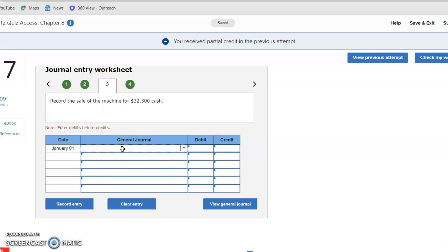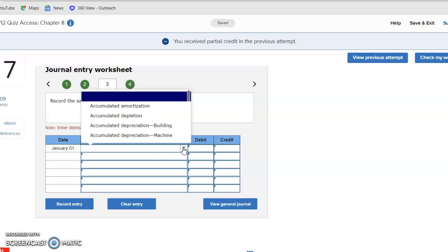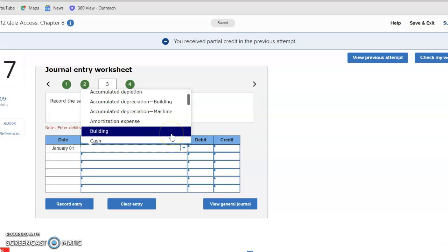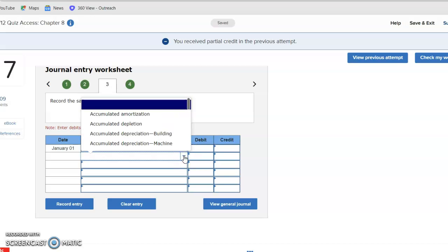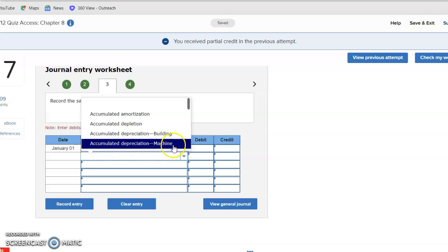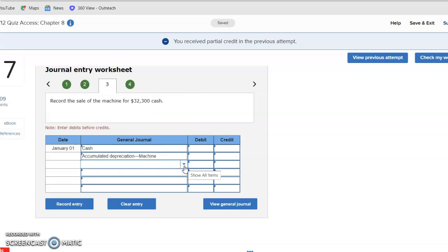And then we come to number 3. Number 3, we sold for 32,300. And if you remember right, that was the exact same as the accumulated depreciation. So we start with cash, and then we go to accumulated depreciation, machine, and then we end on machine.